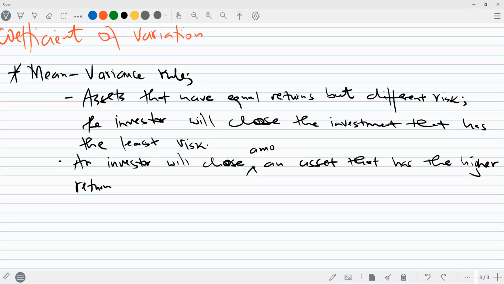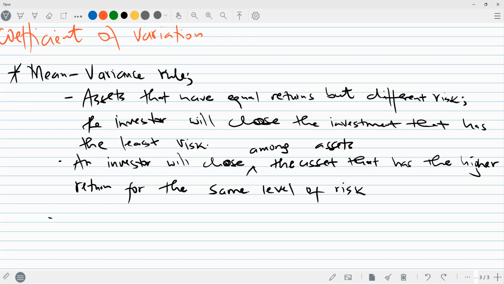Among assets, the asset that has the higher return for the same level of risk.